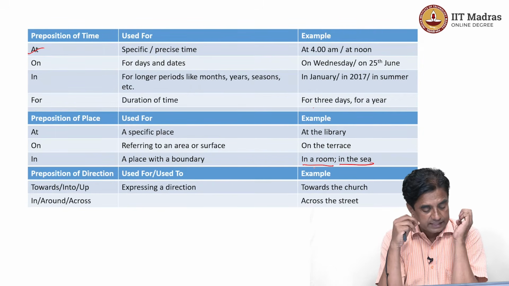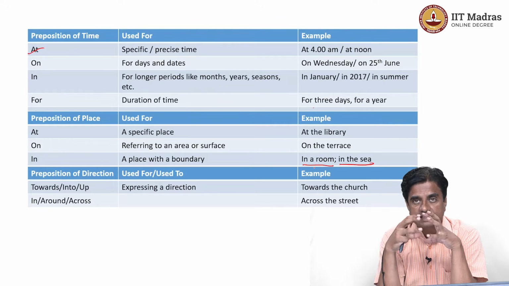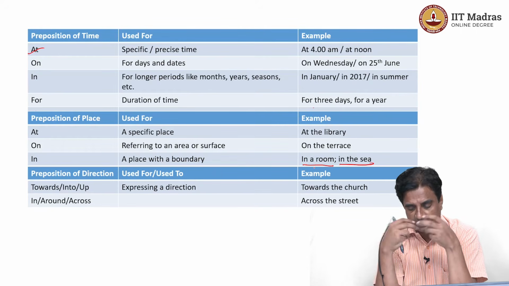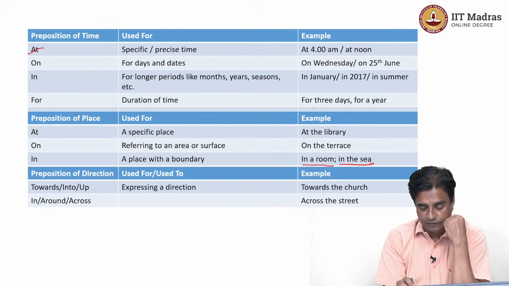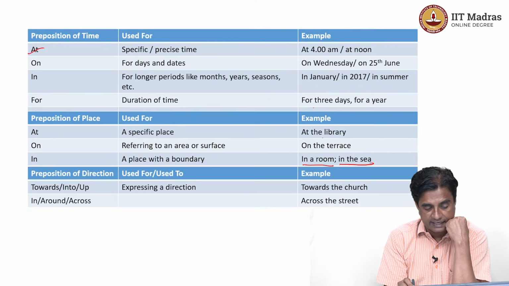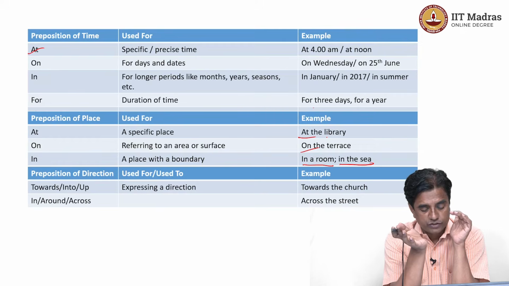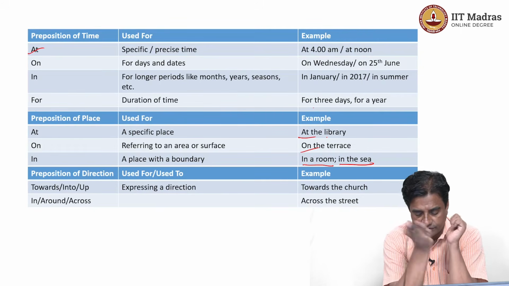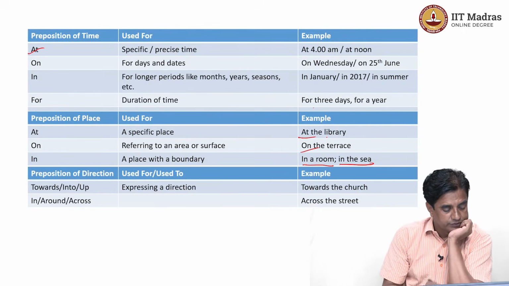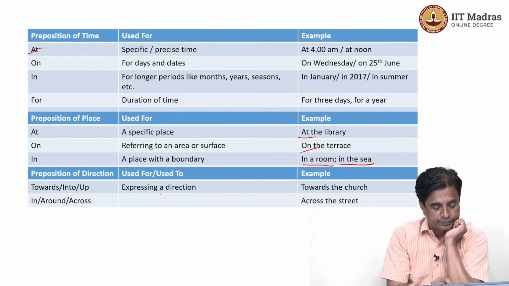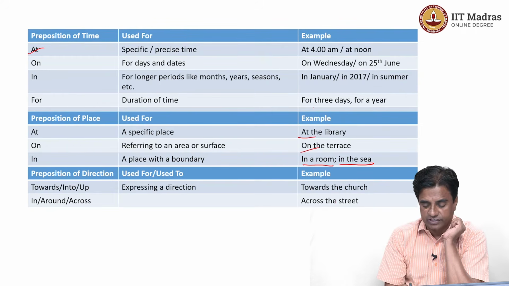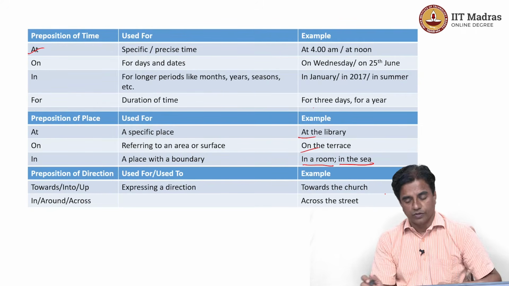So when it has a boundary, it's contained within, we use the "in". And for a specific place, again, we use "at", and "on" is used referring to the area on the surface. So towards, into, up, expressing direction: towards the church, across the street, and so on.